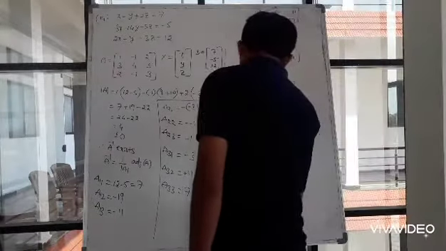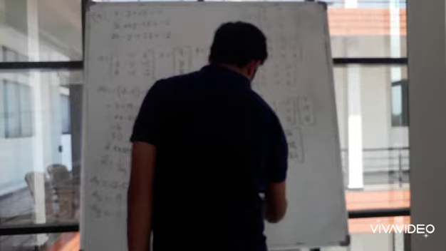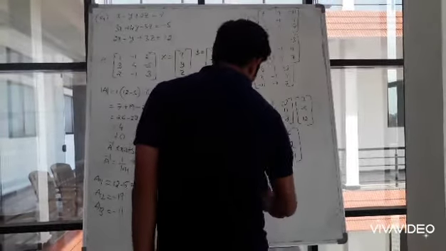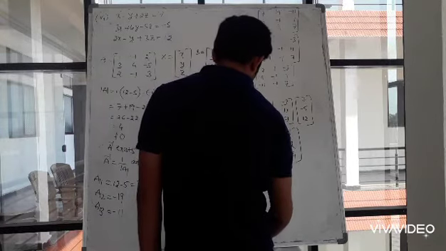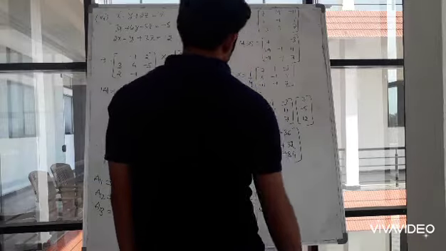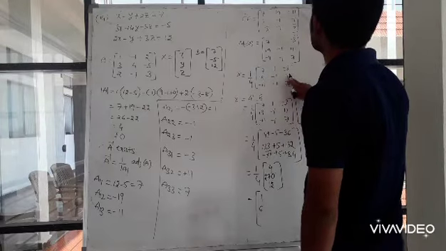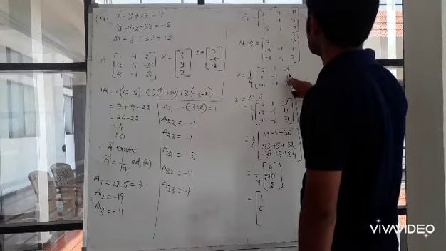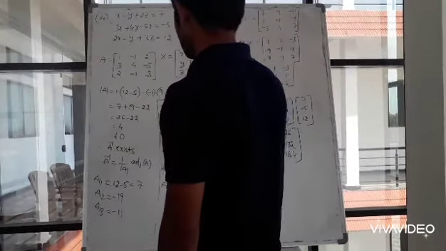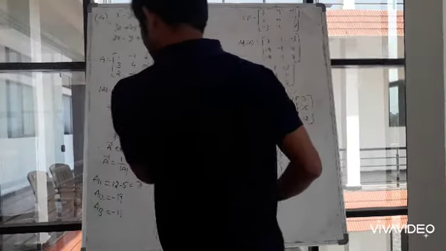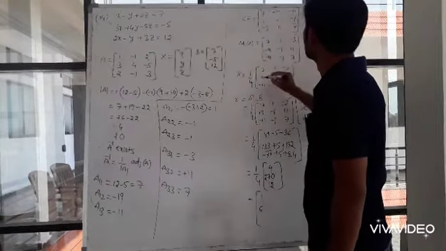So which is equal to 1 divided by 4, 4 sixes are 24. 19 minus 19, sorry. A12 is minus 19, it is minus 19.